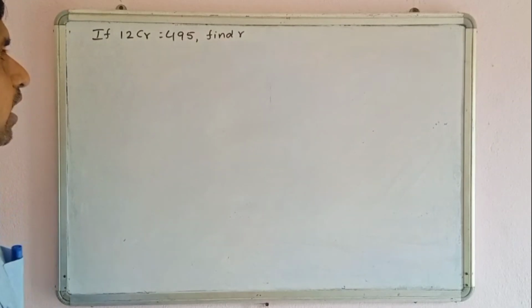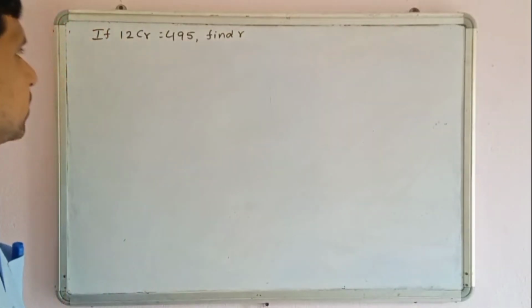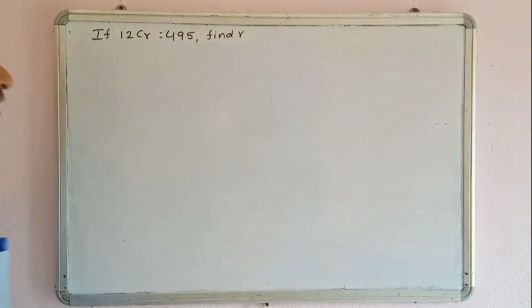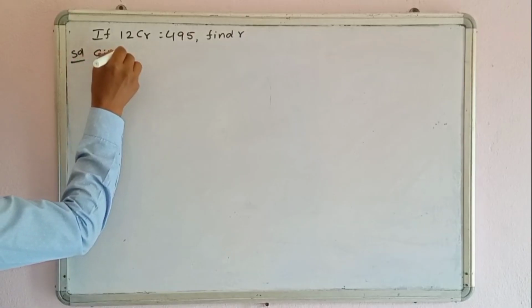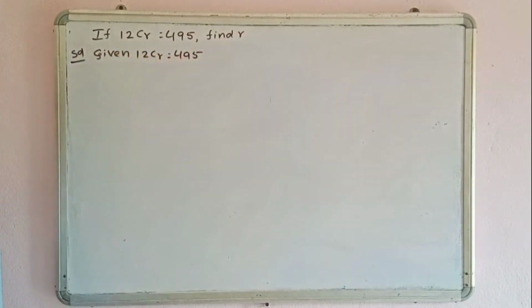If 12Cr equals 495, find the value of r. 12Cr equals 495, find the value of r here. See the solution. Given 12Cr equals 495.